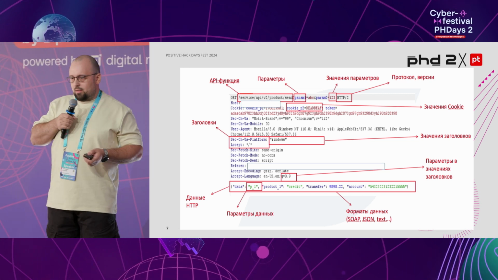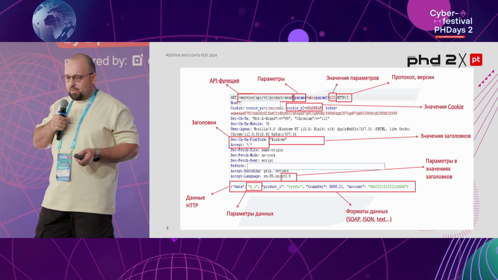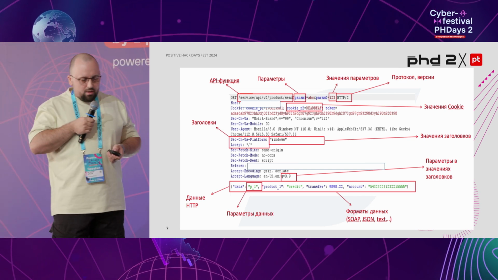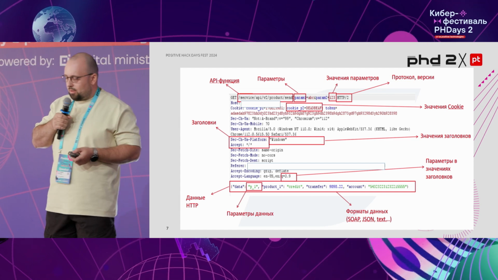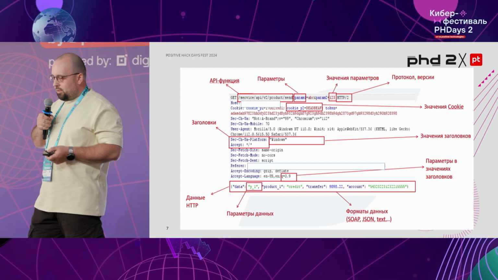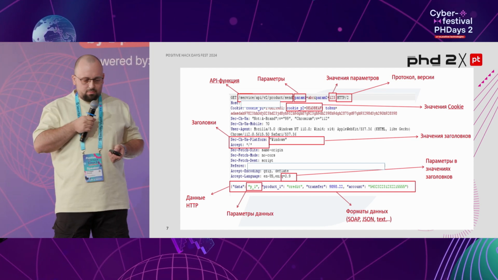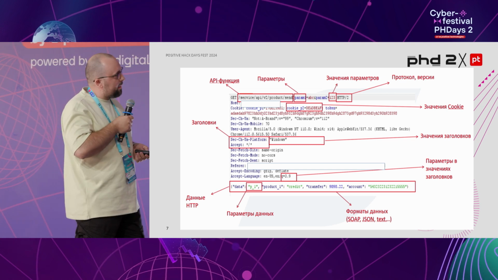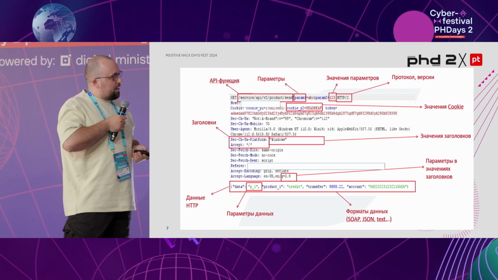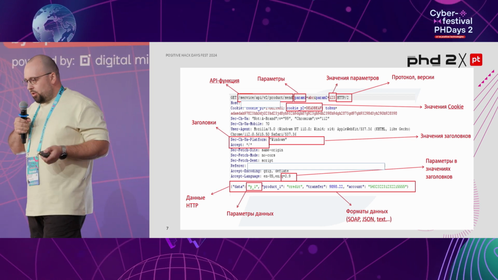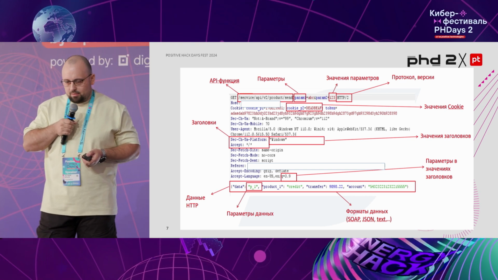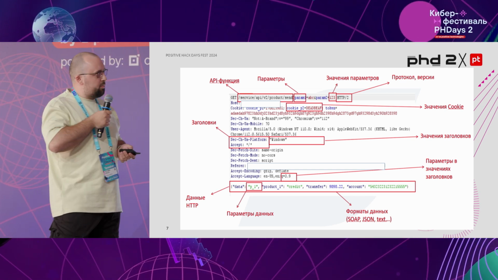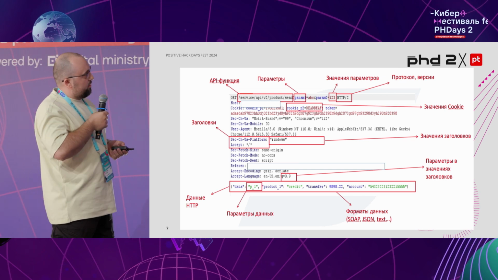It's well known there is an API function and parameters in this function. Cookies, various headings, and the data of the request per se. And it's quite obvious that there are multiple places to test.